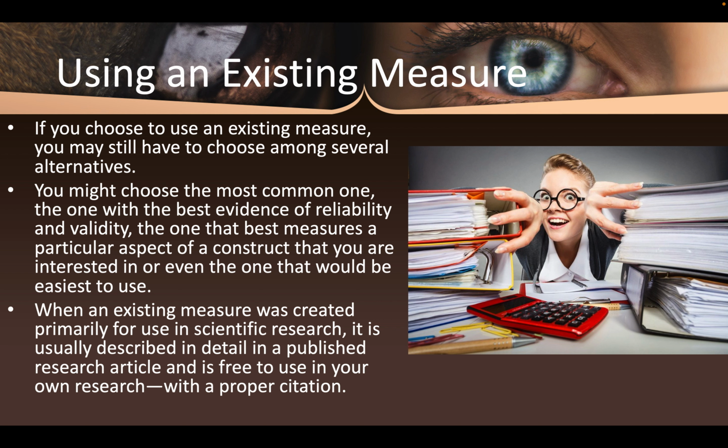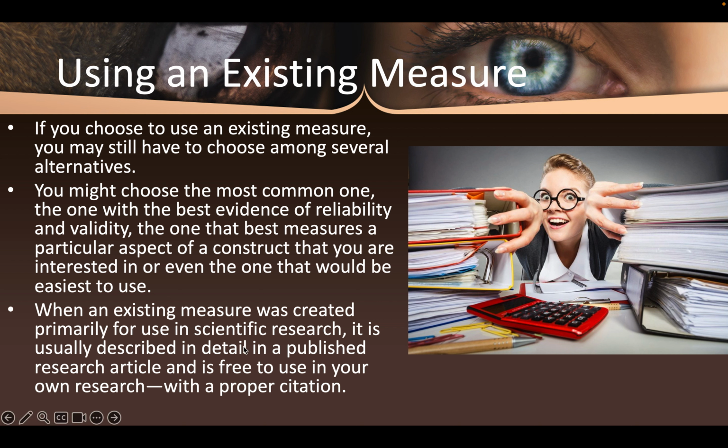If you choose to use an existing measure, you may still have to choose among several alternatives. You might choose the most common one, the one with the best evidence of reliability and validity, the one that best measures a particular aspect of a construct that you are interested in, or even the one that would be easiest to use. When an existing measure was created primarily for use in scientific research, it is usually described in detail in a published research article and is free to use in your own research with a proper citation.